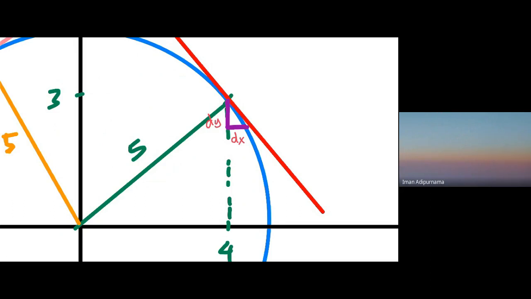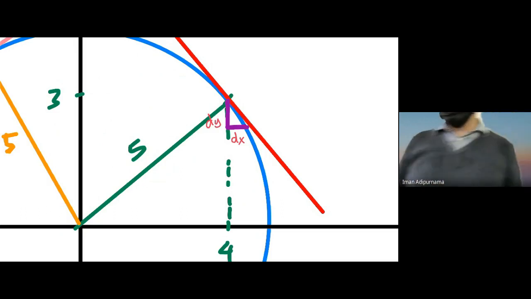So when you move, you will see that this dx and dy are changing. But the ratio of that change is the same, right? It's the same because they will always make the line the same radius.